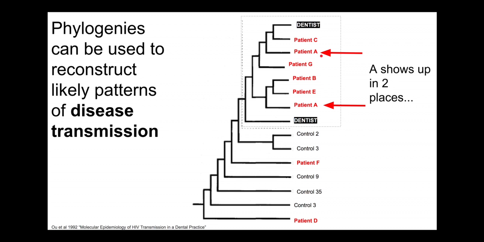So I haven't read up on this, but it's possible that evolution occurred within patient A, and perhaps, for example, this strain here evolved separately from this common ancestor back here. The dentist has two separate strains, so it's possible the dentist had this evolution phenomenon, or the dentist was infected twice.